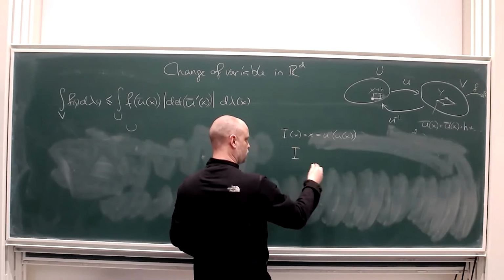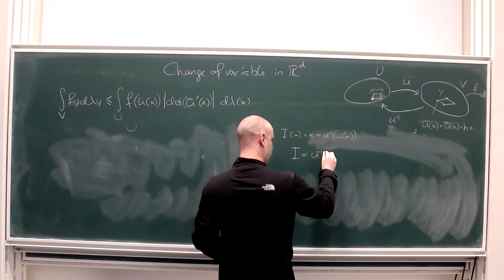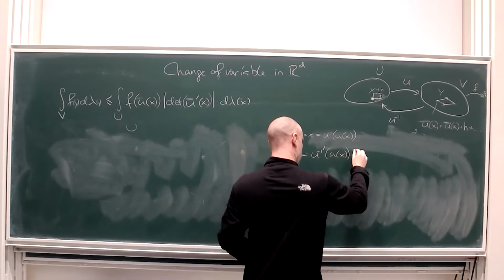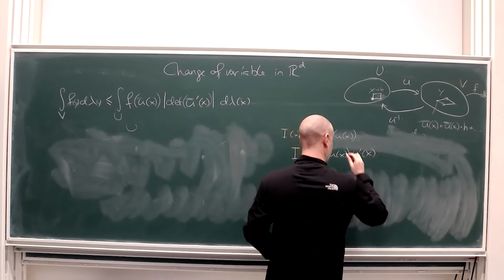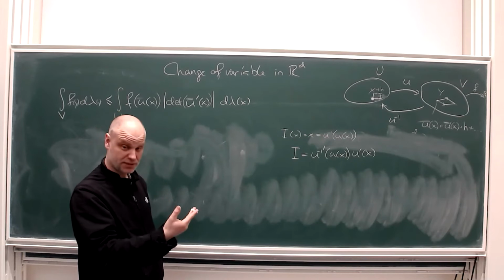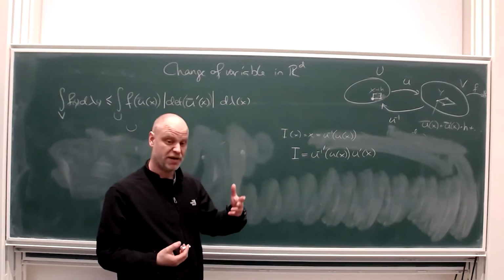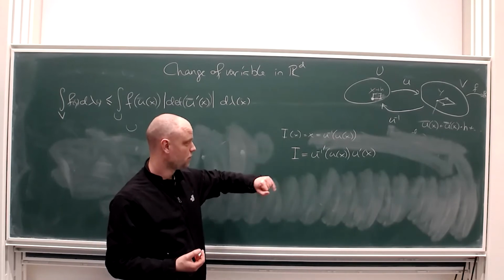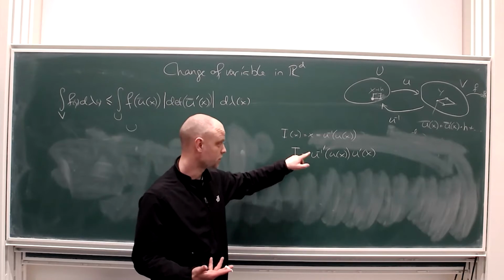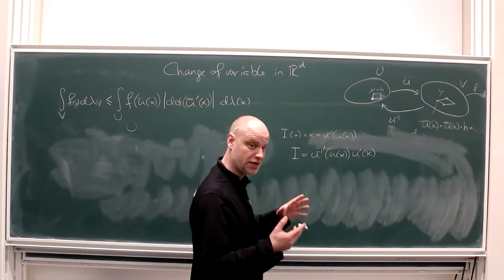And now we use the chain rule. So this identity matrix is u minus 1 derivative evaluated at u of x, and the derivative of that guy evaluated at x. So here's one matrix multiplied with another matrix. And now take the determinant of this guy, you get 1. So the determinant of him times the determinant of him is 1, right?